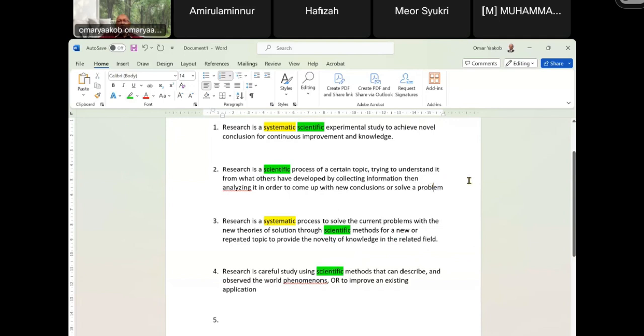New. Maybe three of them have something similar: novelty or new. Three of them have new or novel.